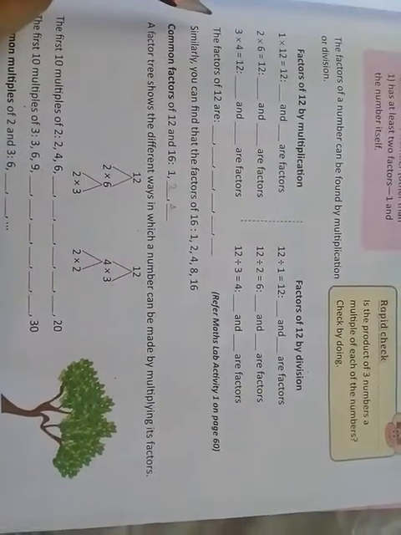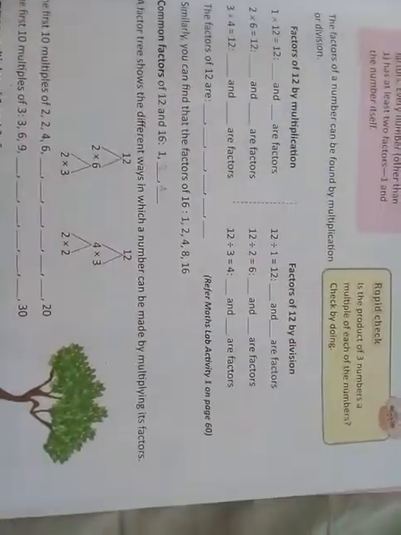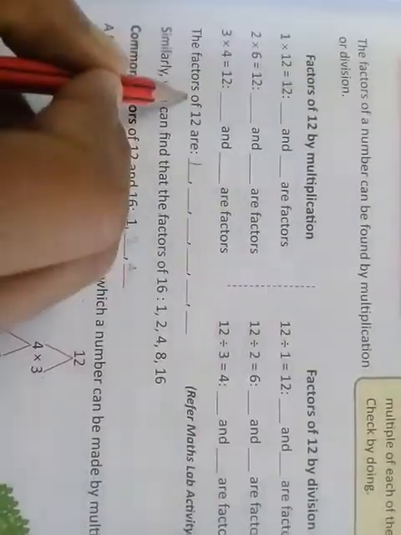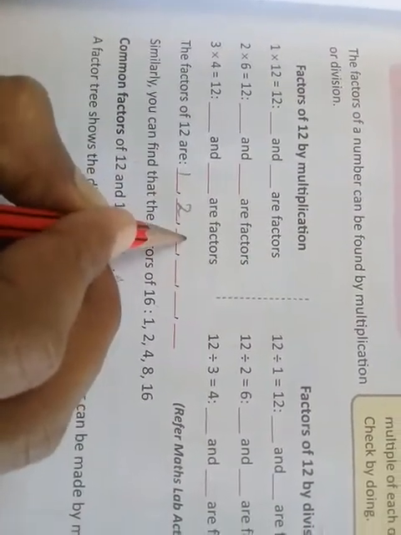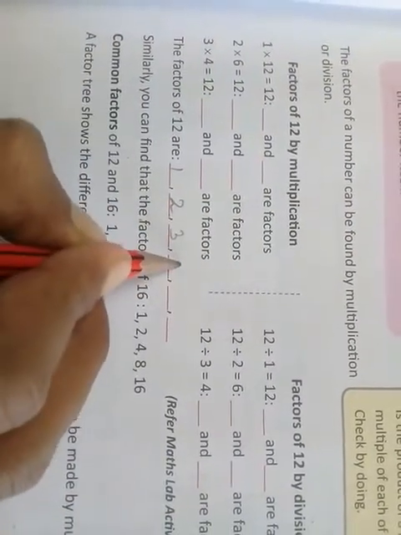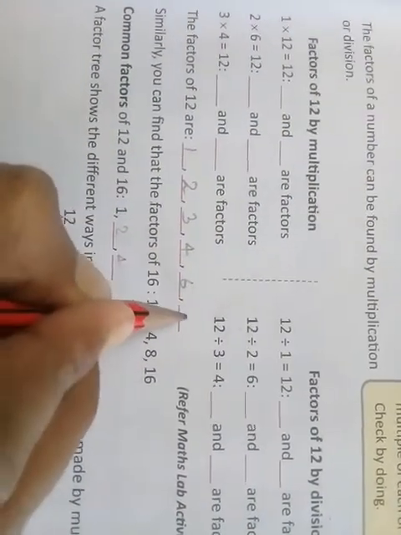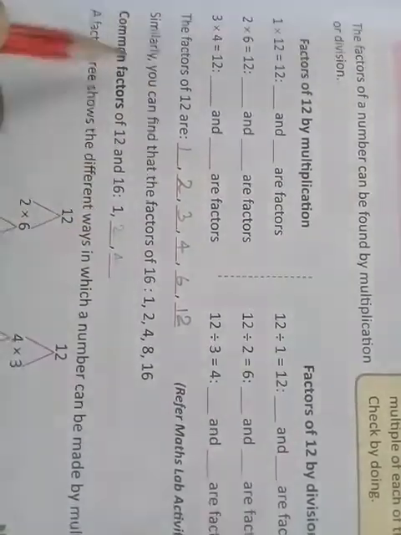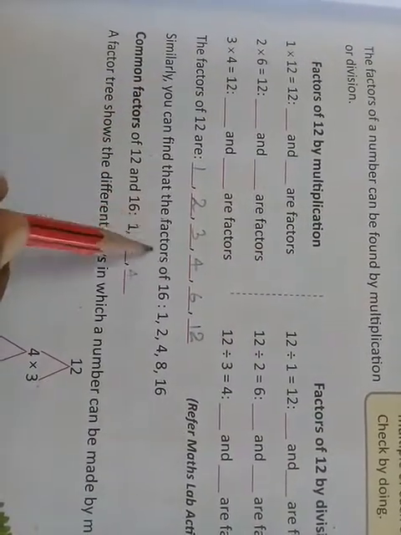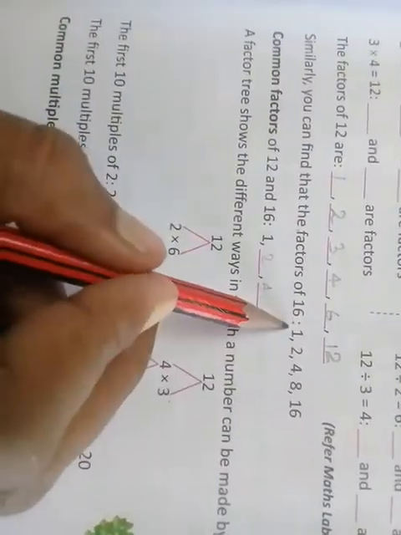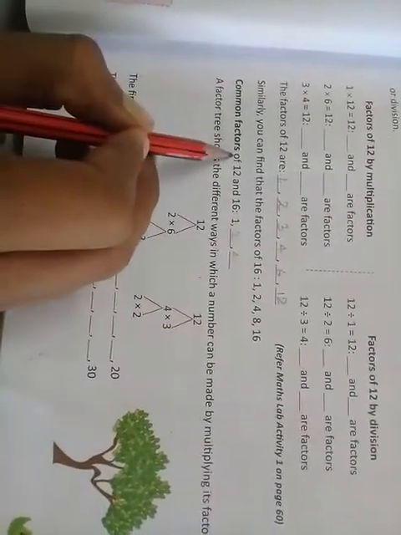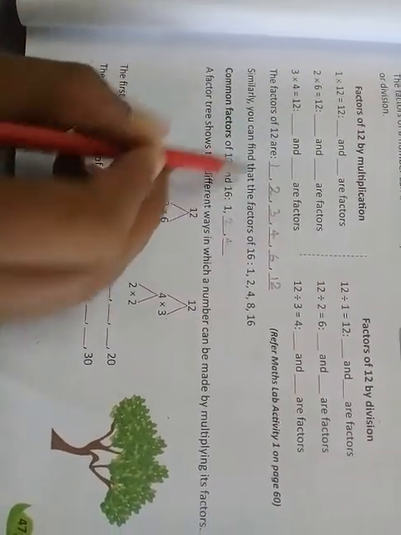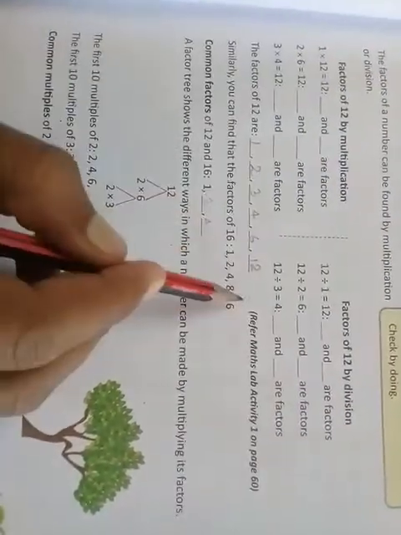The factors of 12 are 1, 2, 3, 4, 6, 12. Similarly, you can find that the factors of 16 are 1, 2, 4, 8, 16. Common factors of 12 and 16 are 1, 2, 4.